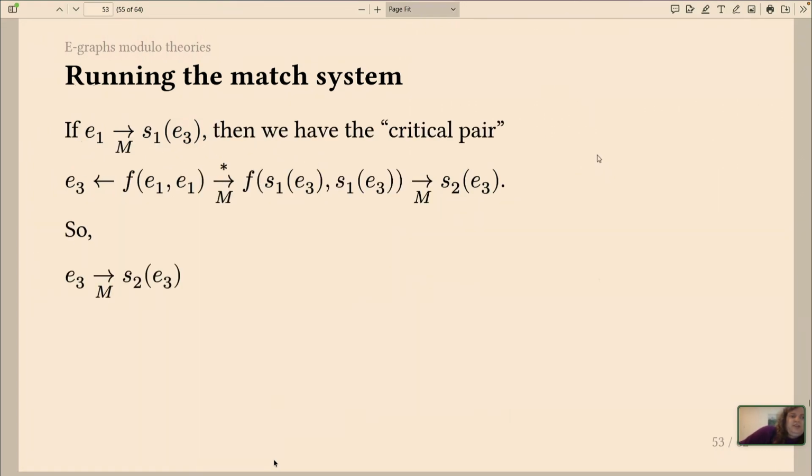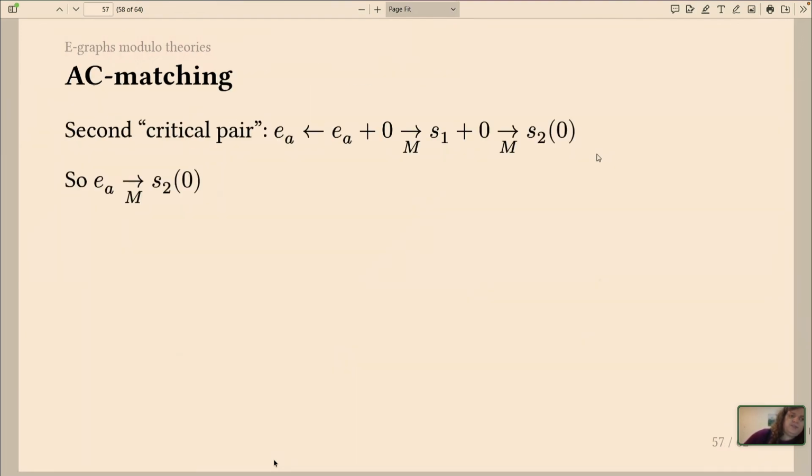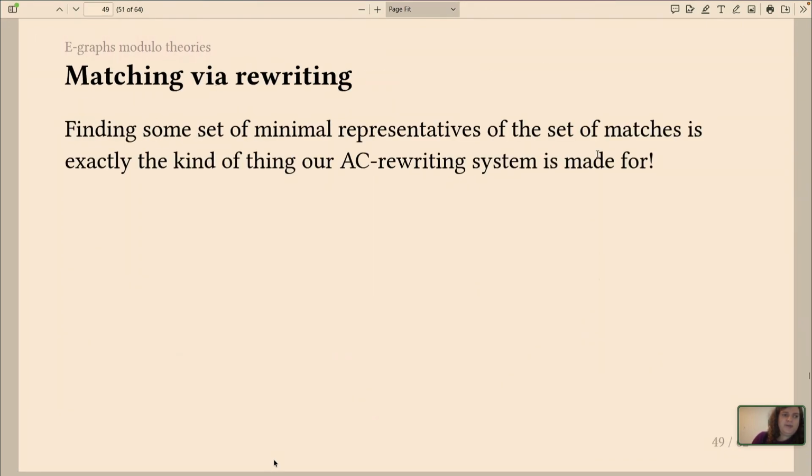Obviously, I'm skimming over this quite a lot, but I hope that you can generalize this setup to explain what AC matching should do, and explain, hopefully, that it terminates in the general case as well. So that's tentative work: you can do AC matching in a hopefully always terminating way by orienting rules to handle what would otherwise be a potentially infinite match space. So I'll explain the infinite match space problem.